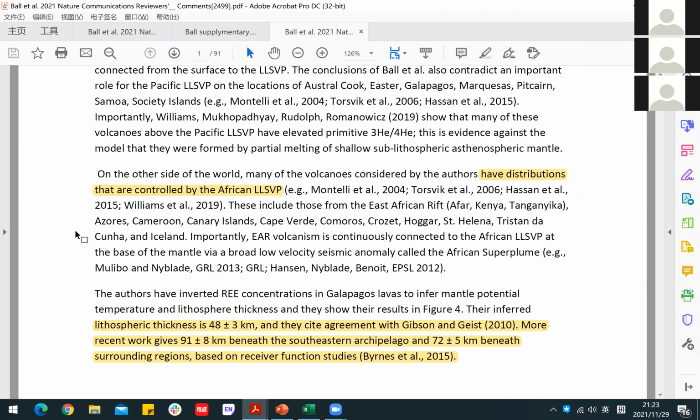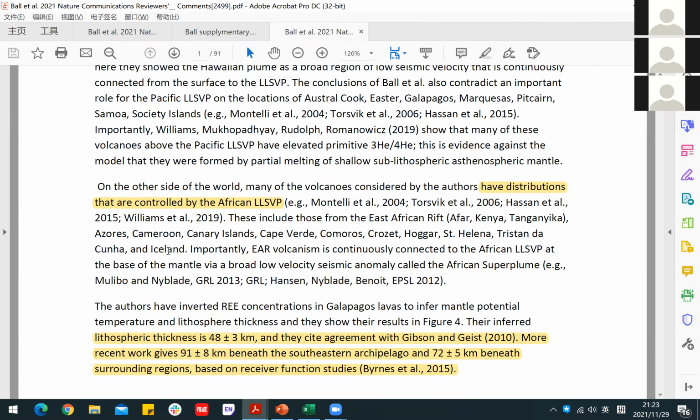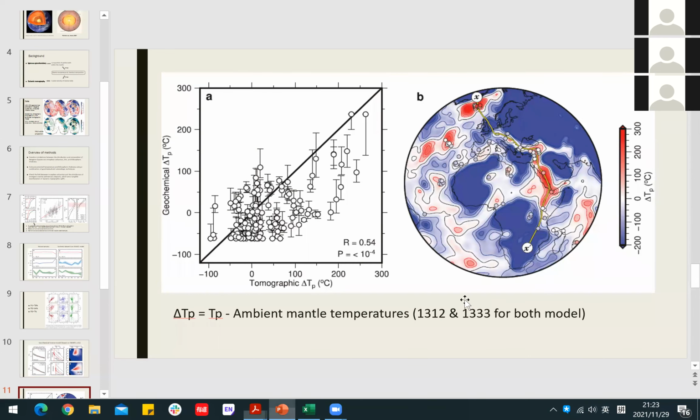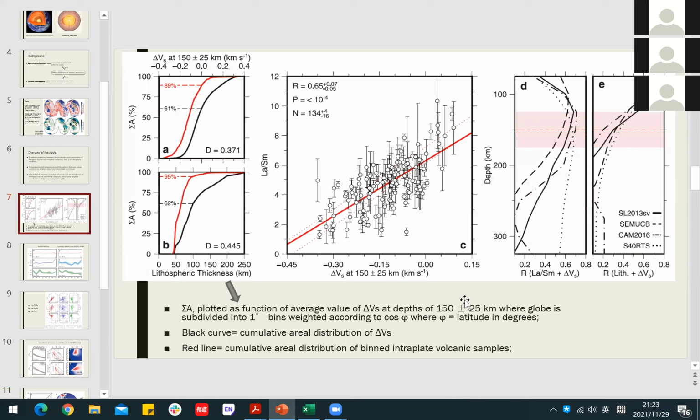So to me, the highlight of this paper is that they found a La/Sm ratio correlation, which different reviewers might interpret differently, but in the end it is still an interesting observation that they could find through the data. And it looks like this correlation is very strong.